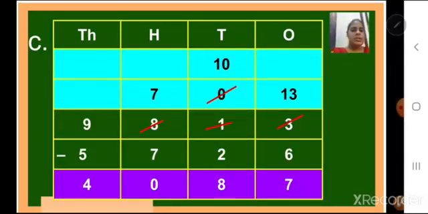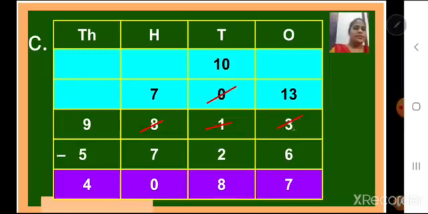Now the C question, this I have already done for you. The question is 9,813 minus 5,726.